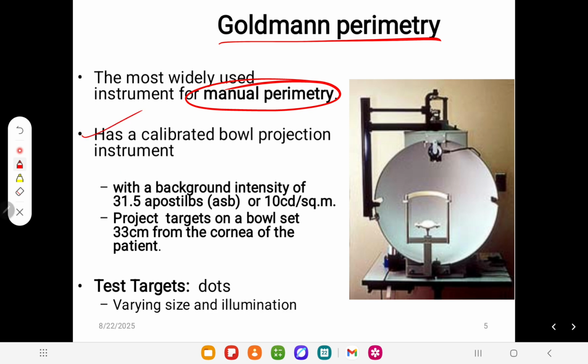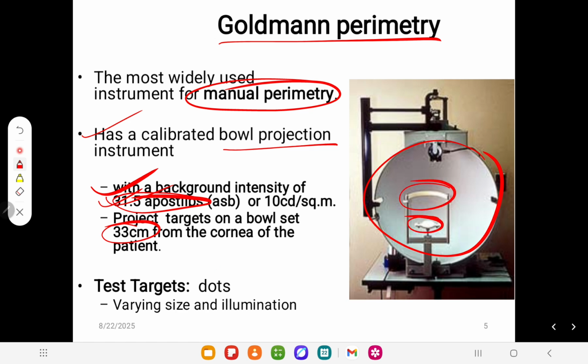It has a calibrated bowl projection, with a background intensity of about 31.5 apostilbs. It always comes in your exam, especially in MCQs. The target is projected on the bowl set at 33 centimeters from the cornea of the patient. The patient puts the chin and head on the rest, and the bowl distance is approximately 33 centimeters.